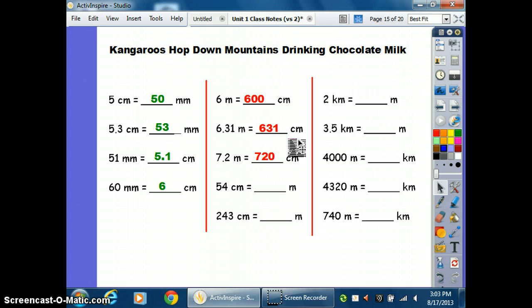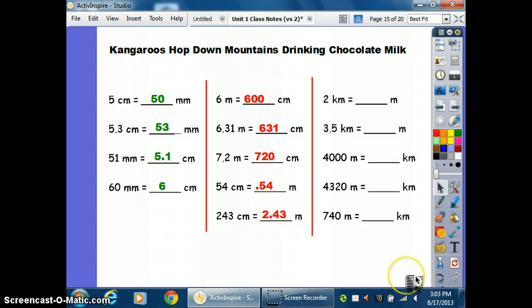Now let's go reverse to the left, centimeters up to meters. Our decimal point is behind the 4. We'll need to go 1, 2 to the left. That would make it 0.54. And again, it's behind the 3, and step 2 places 1, 2. It would make it 2.43.